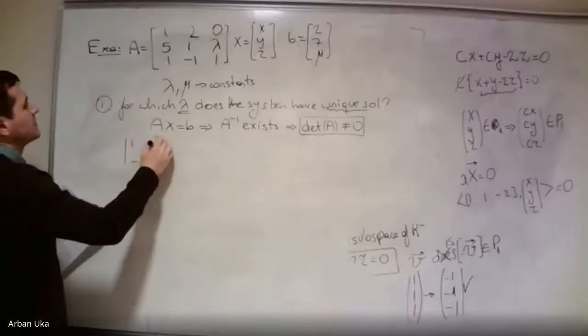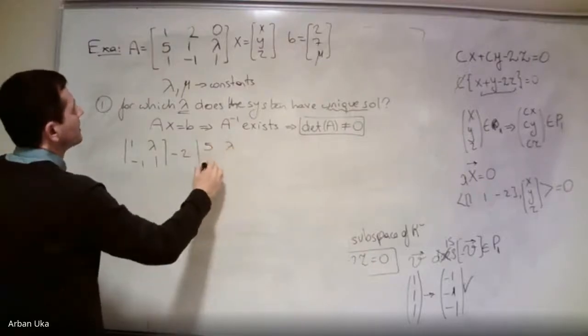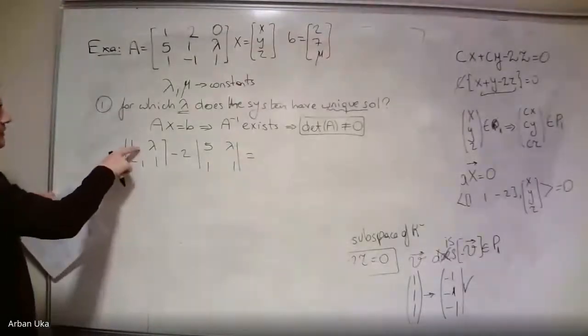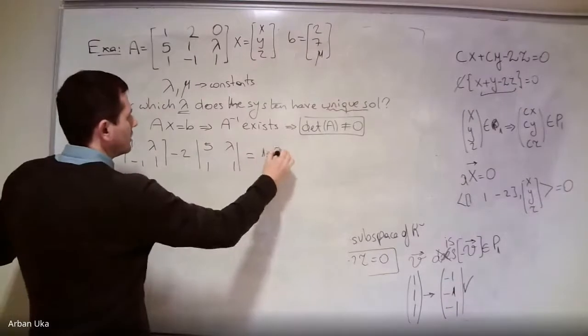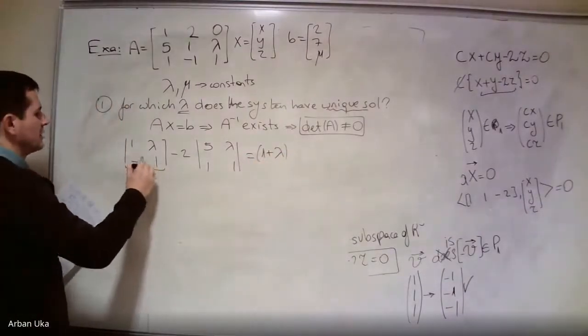It's better if we choose the first one because it has a 0 and the other numbers are relatively small. Yes, and then minus 2, this is 5, lambda, 1, 1. So what we get here is 1 plus lambda. This is the determinant of this little matrix.